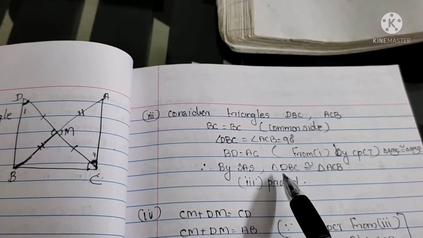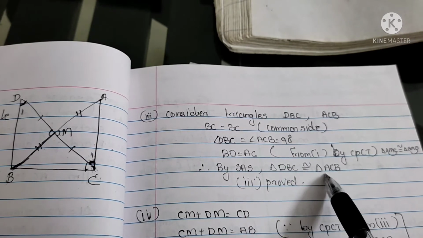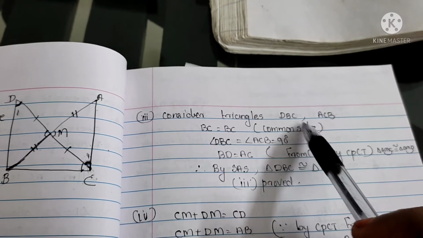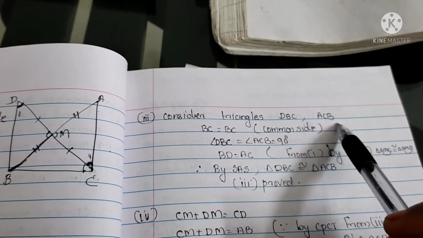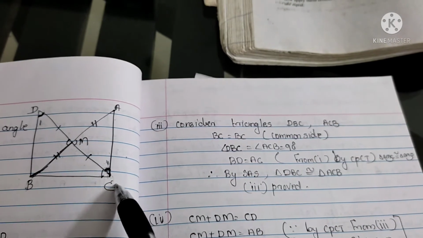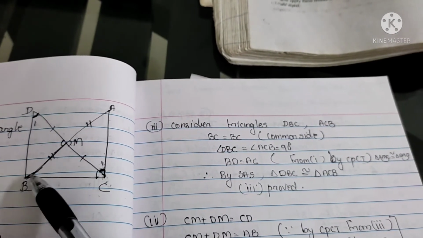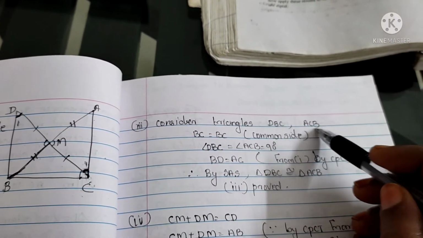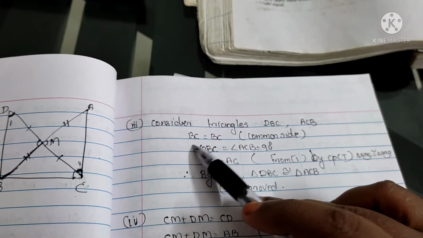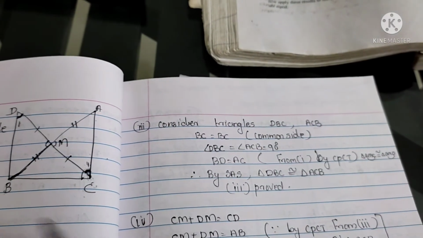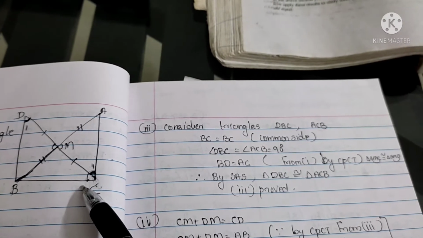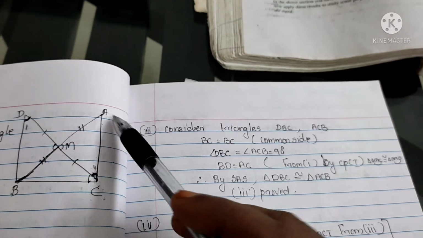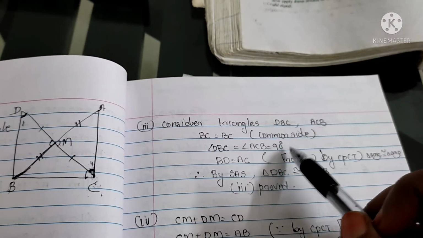Next, we have to prove that triangle DBC is congruent to triangle ACB. Consider these triangles, triangle DBC and ACB. BC is the common side, that is, BC is equal to BC. Angle DBC is equal to angle ACB, which is equal to 90 degrees.